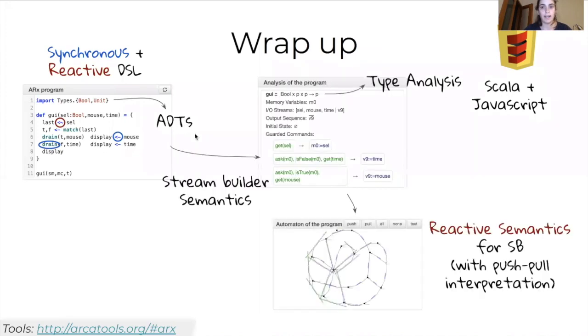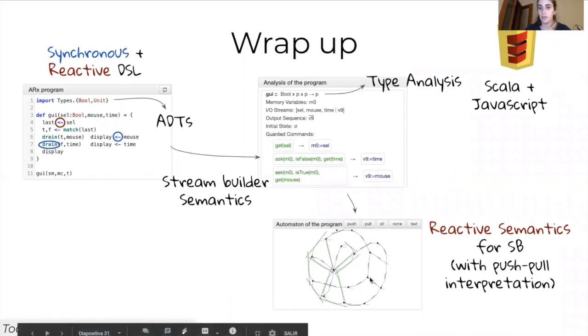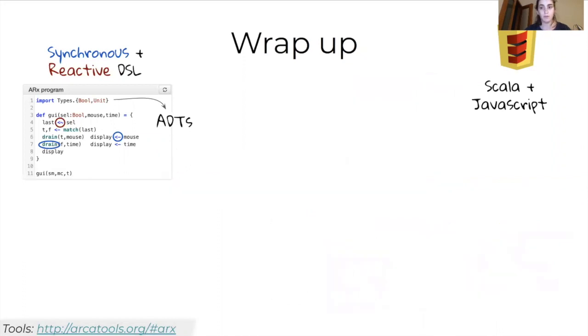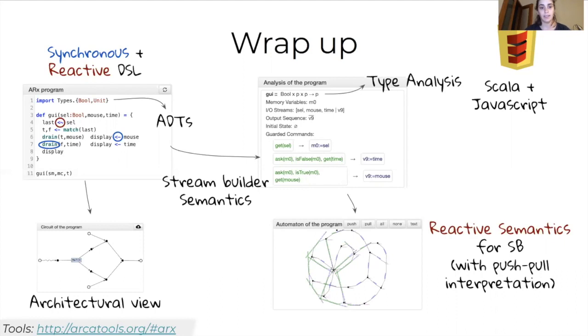We can analyze these programs and infer, for example, their type and get their semantics based on stream builders, which provide a more compact description of the behavior of a program. We also provide reactive semantics for stream builders based on an automata, which has a notion of push-pull that gives control to the environment to decide when to read or write reactive streams. Finally, we can also have an architectural view of the program.